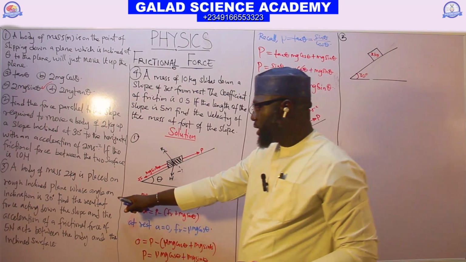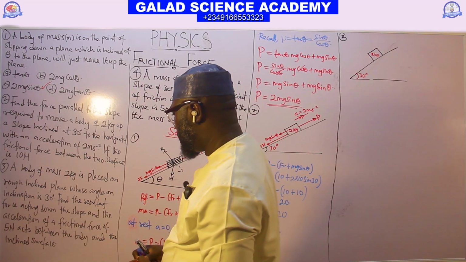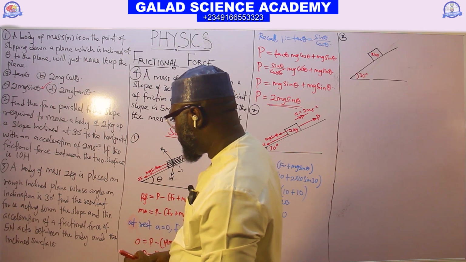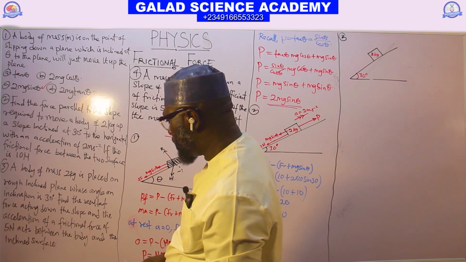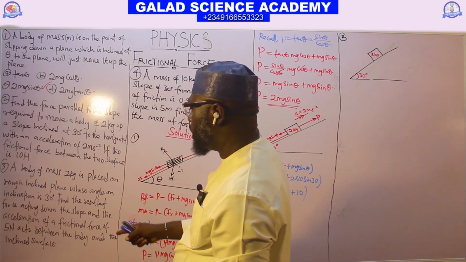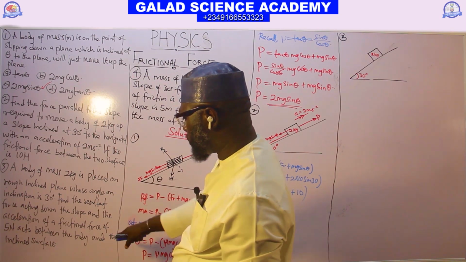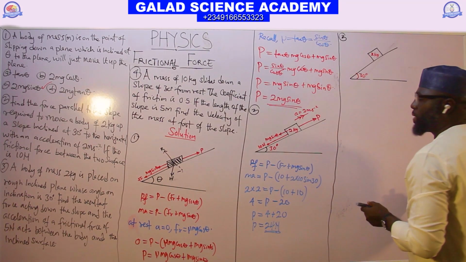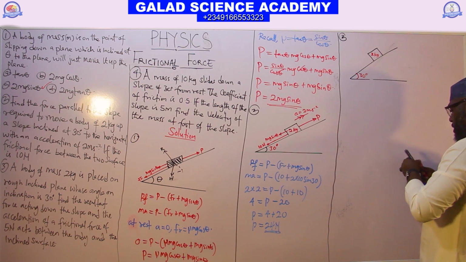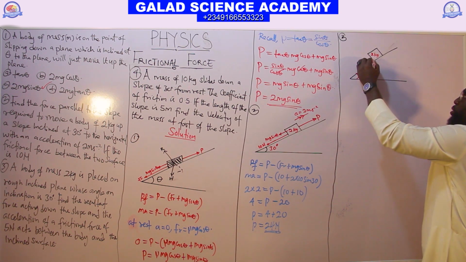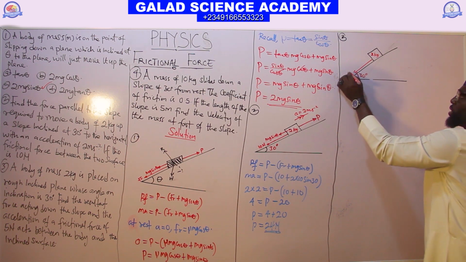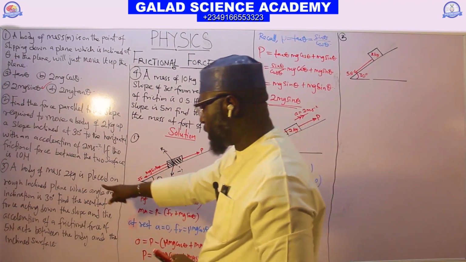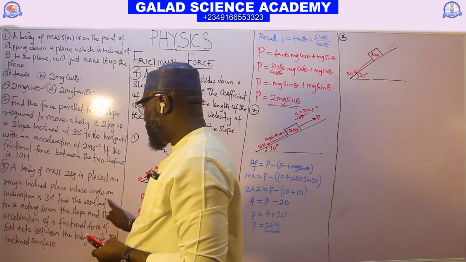Then find the resultant force acting down the slope and the acceleration, given the frictional force of 5 Newton. The frictional force that opposes the motion is 5 Newton. A body of mass 2 kg is placed on an inclined plane whose angle of inclination is 30 degrees.